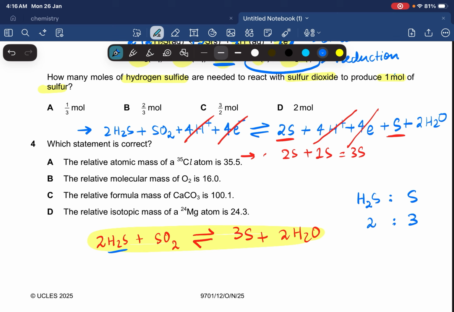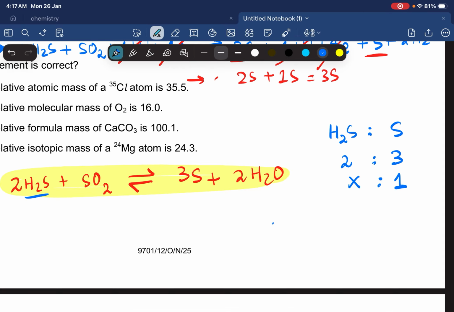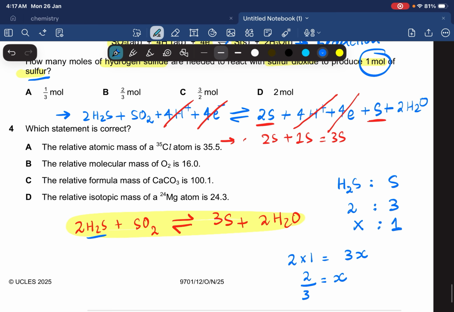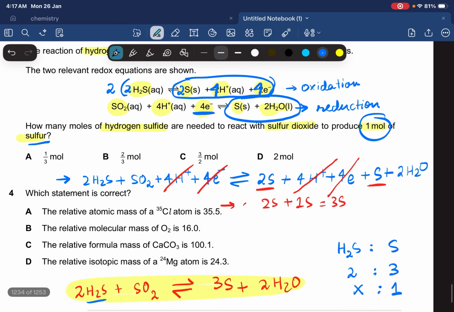So if I need to form 1 mole of sulfur, I require X moles of hydrogen sulfide. So the value of X comes out from 2 times 1 equals 3 times X. So X equals 2 upon 3, and 2/3 moles of hydrogen sulfide are going to be required, which makes option B the correct answer.